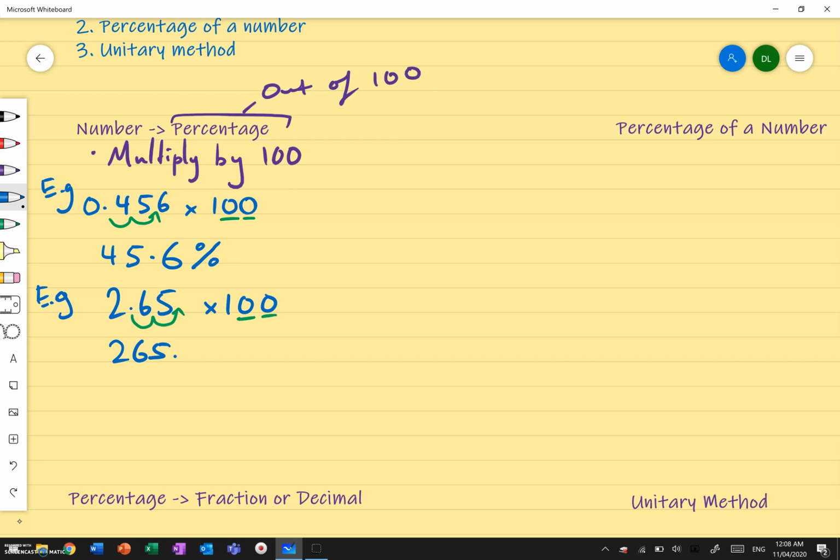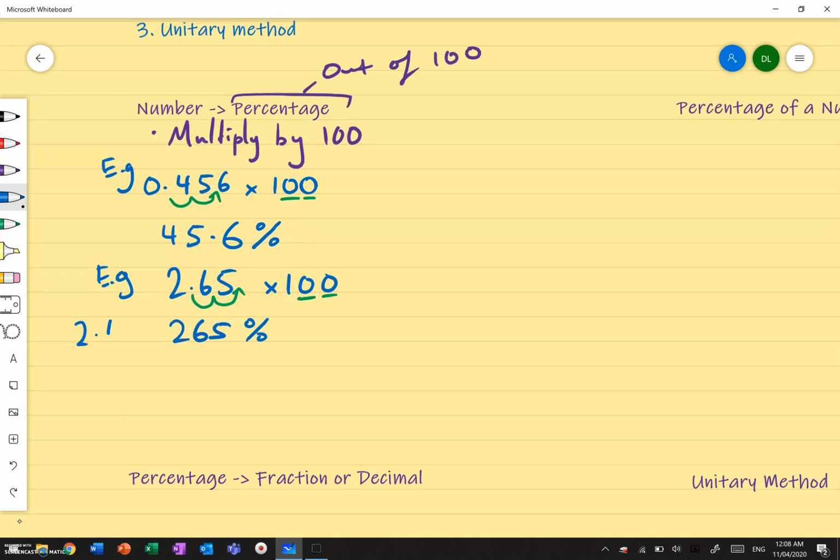Now, do I need to write the point? No. So I write 265, and I put a percentage sign on the end. That's it, 265%. So 2.65 is the same as 265%, and 0.456 is the same as 45.6%. So that's how we convert a number to a percentage.